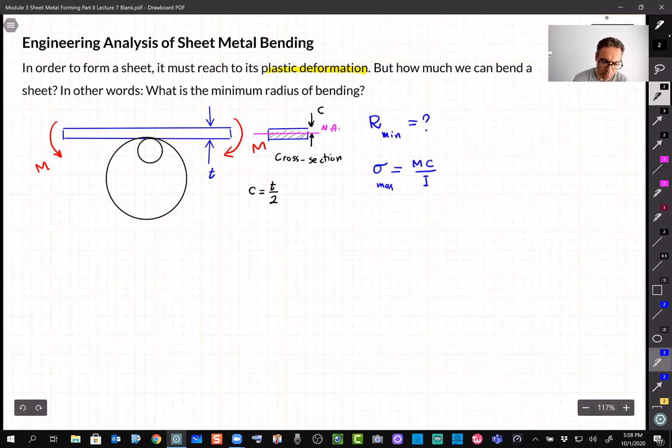And also, if you recall, we learned that if I apply a bending load to a beam, it becomes a curved shape. It's not straight. And 1 over R, we call it curvature, where R is the radius of the curvature.